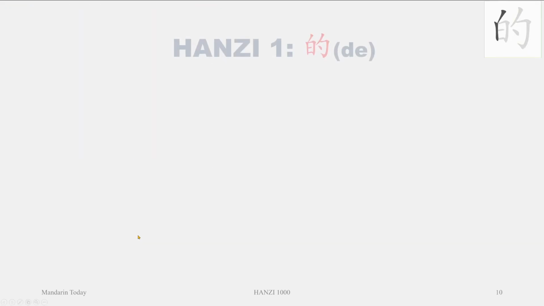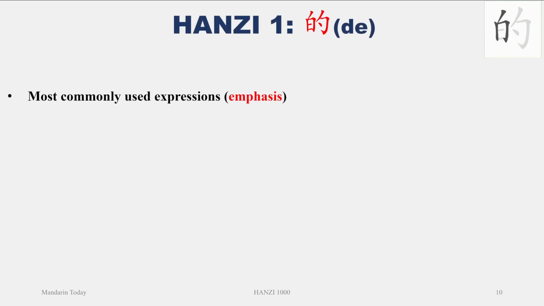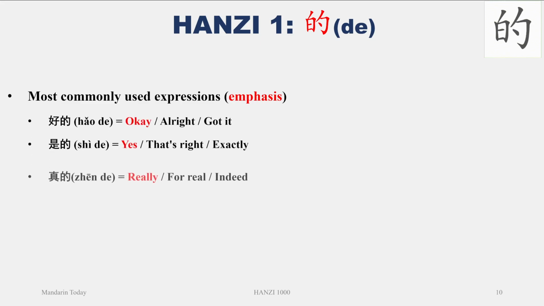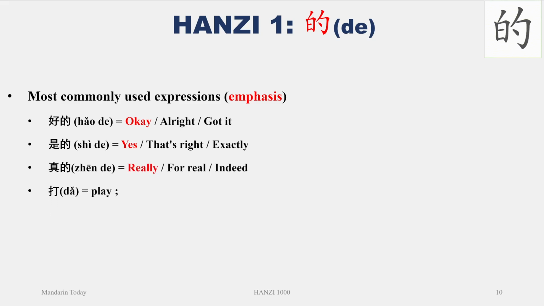So let's move on to the final grammatical function of the 的, and it's my personal favorite. It's very interesting, and it is used in this way to express if you want to emphasize something or you want to soften your tone. The first one is 好的.